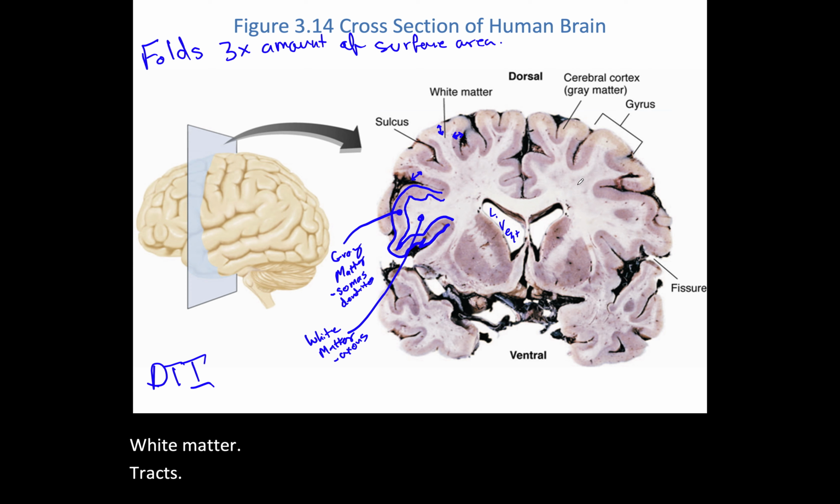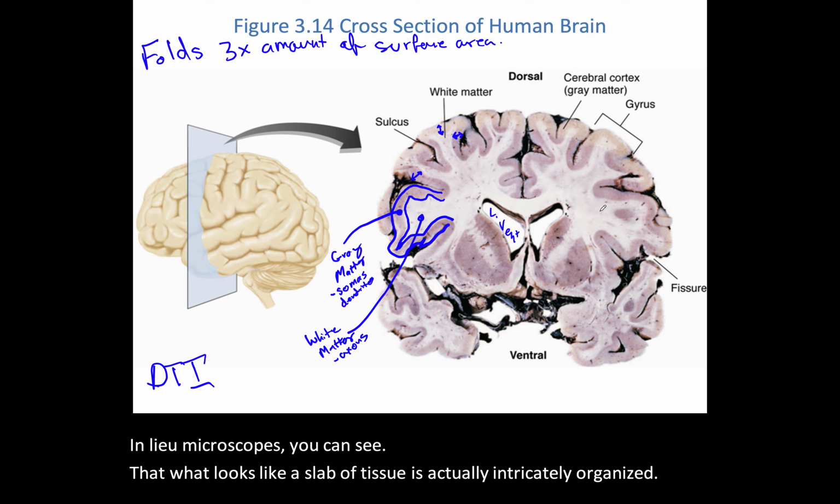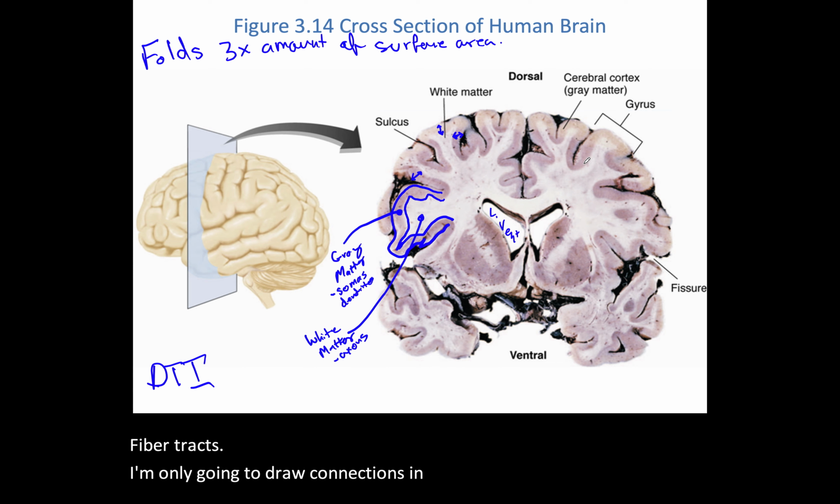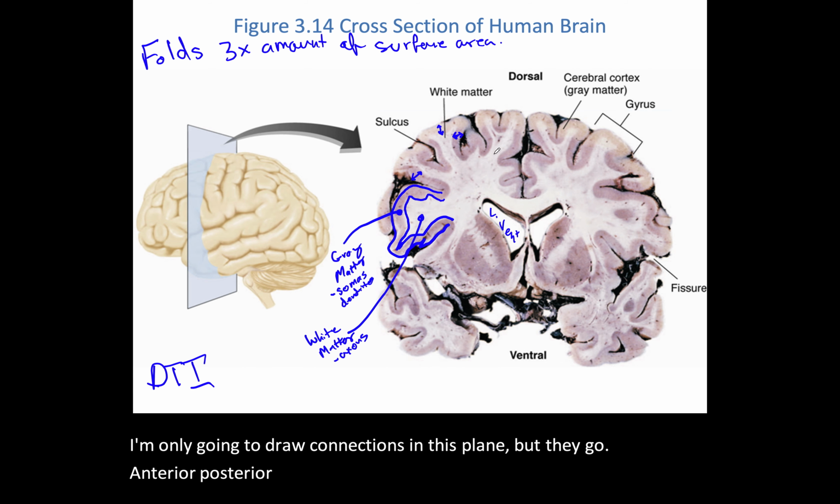And through this technology, in lieu of microscopes, you can see that what looks like a slab of tissue is actually intricately organized fiber tracts. I'm only going to draw connections in this plane, but they go anterior, posterior, left to right, dorsal, ventral, in all sorts of directions.